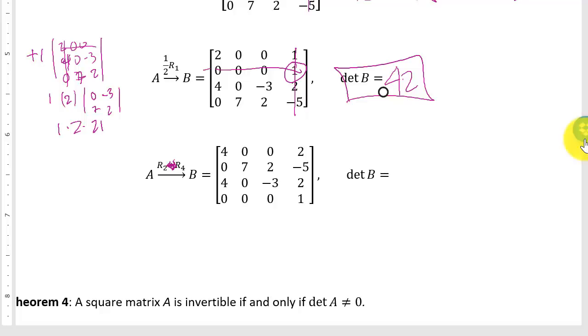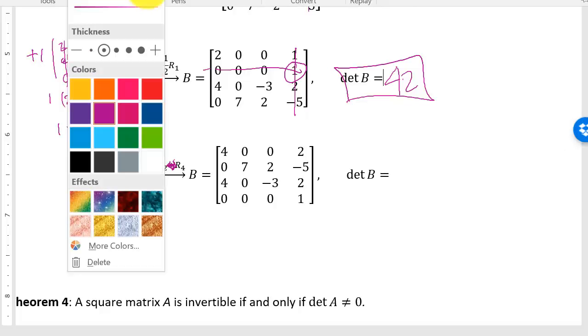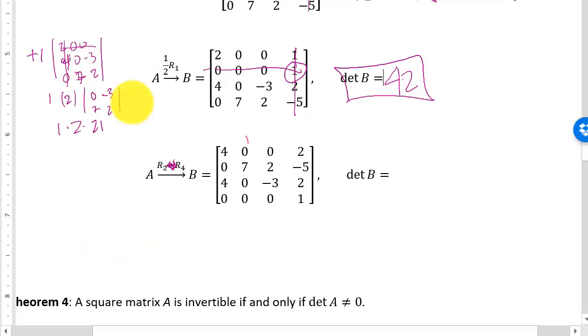If we switch the second and fourth rows, this is what our resulting matrix is going to be. And let's expand. We need to expand on something. Let's expand on the second column because that has a bunch of zeros. So this is a plus minus plus. We get a positive 7.